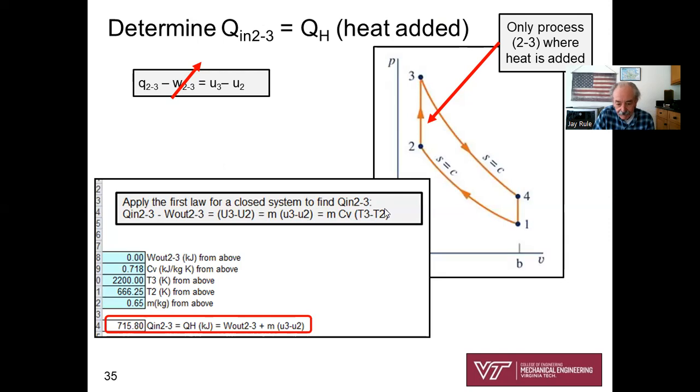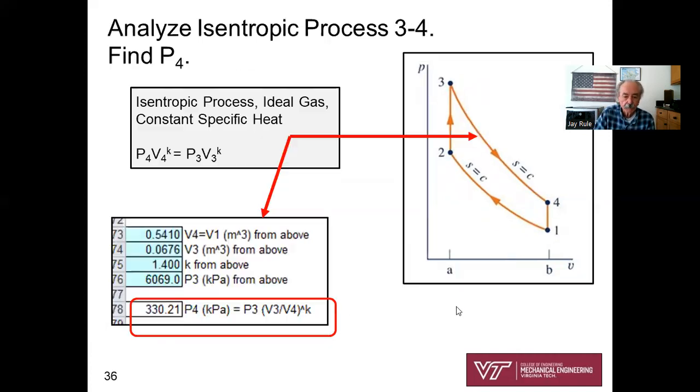It's just CV times T3 minus T2. Again, plug and chug. Darn it, I didn't solve for little q. I just applied my mass to get capital Q in from 2 to 3, 715.8 kilojoules. See how this is a little easier than the table work.